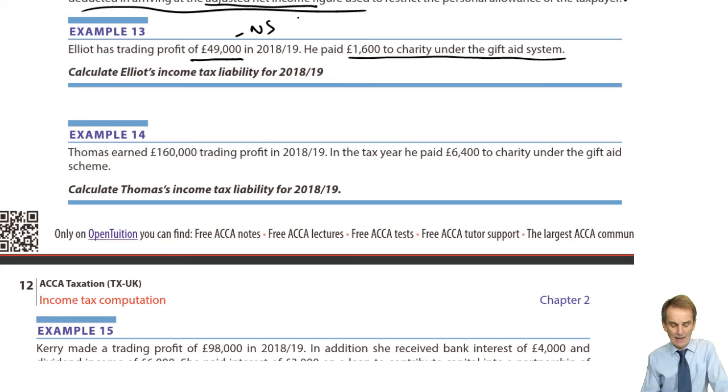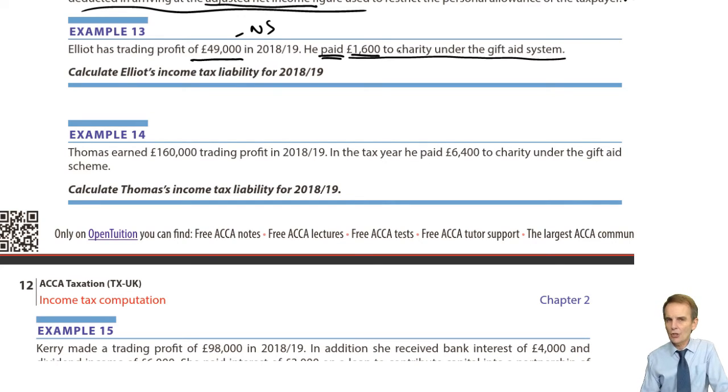If we take £11,850 worth of personal allowance away from 49,000, then our figure of taxable income is going to be above 34,500. So we would be, without any other information, a higher rate taxpayer on at least a small part of our overall taxable income. But we've paid, note paid, £1,600 to charity under the gift aid system.